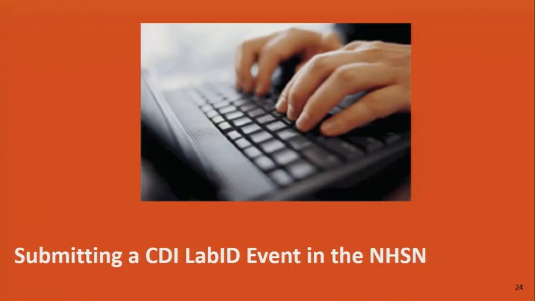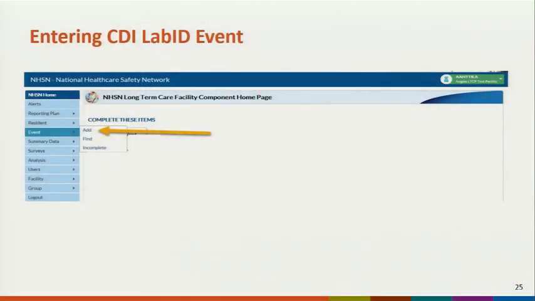Okay, so next I want to talk a little bit about the steps for submitting a CDI LabID event into NHSN. To enter a CDI LabID event, or any event for that matter, on your home page, you're going to click Event and then click Add. As you can see, you also have the option to find events and for incomplete.